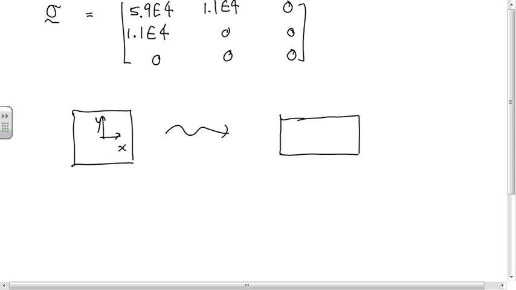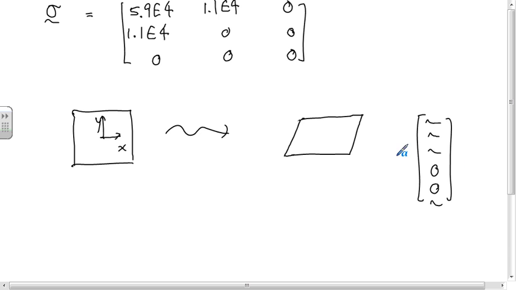It's going to get more acute, yep. So this is exaggerated, but you'll end up with a strain that looks like this, and you'll have non-zero values here, here, here, and here for the Voigt strain.